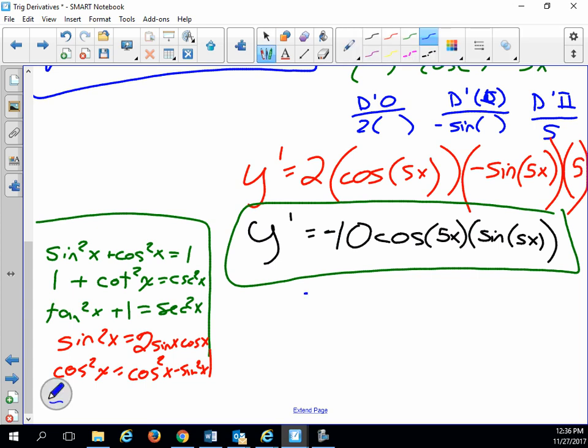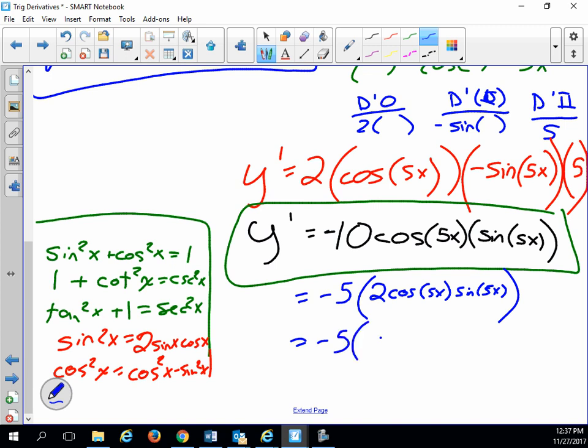Because the reality is you could write the black as negative 5 times 2 cosine of 5x sine of 5x, which is the double angle formula for the sine of 2 times my angle.